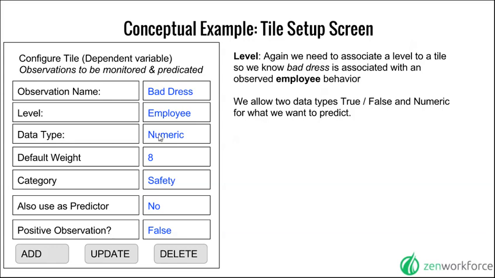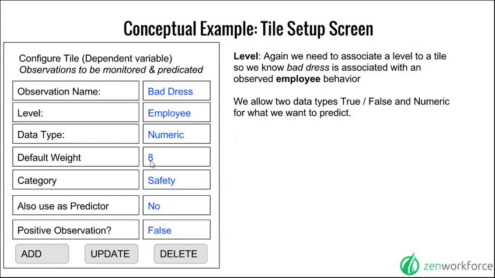Okay, so when a tile is selected, it would be true or false. You could select numeric as a default. So what you could do if you hit numeric, you have this extra option to select the default weight. Really bad dress might be, you might want to set it up as an 8. So we're going to call this bad dress, and every time it's clicked, it would have the value of 8.